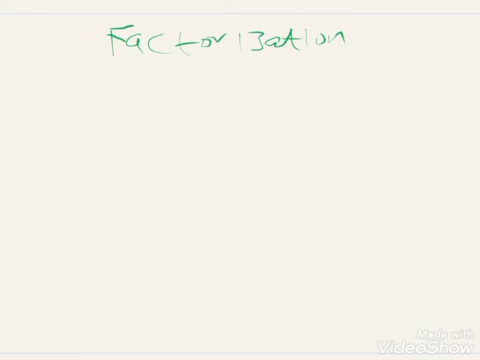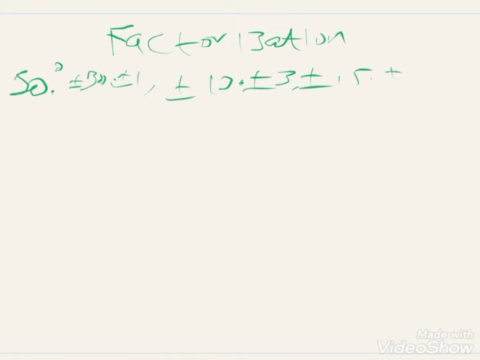In the case of numbers, suppose we have 30. The factors of 30 could be plus or minus 30 times plus or minus 1, plus or minus 10 times plus or minus 3, plus or minus 15 times plus or minus 2, and plus or minus 6 times plus or minus 5.